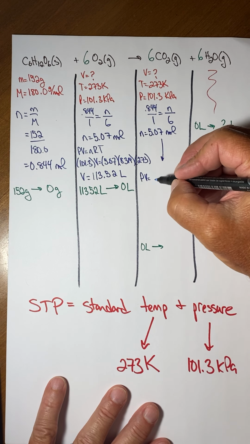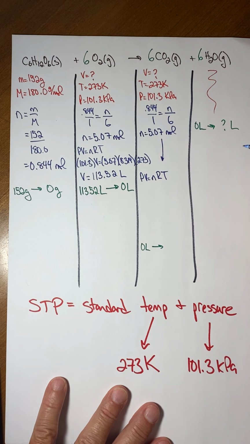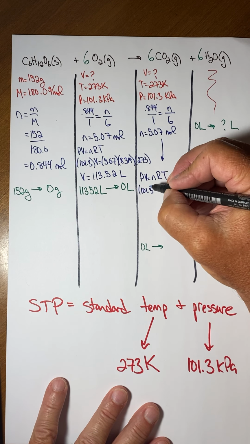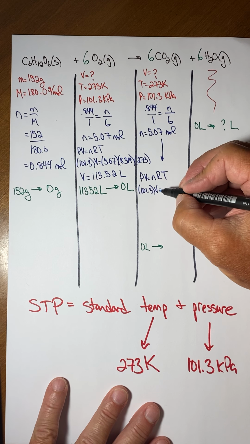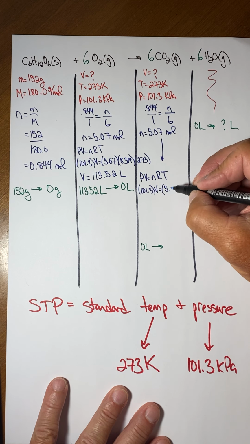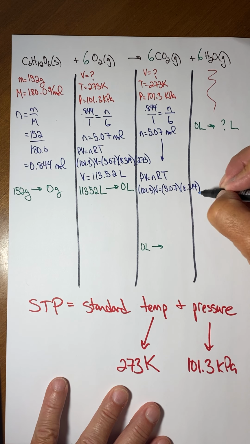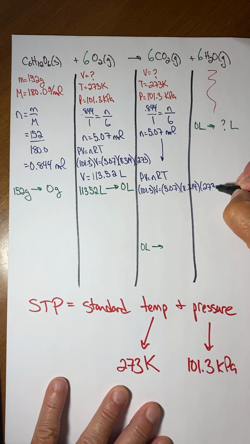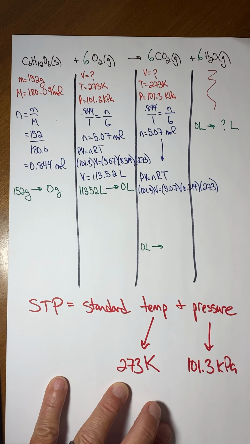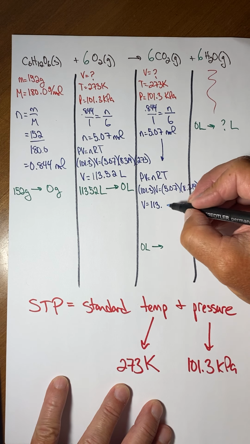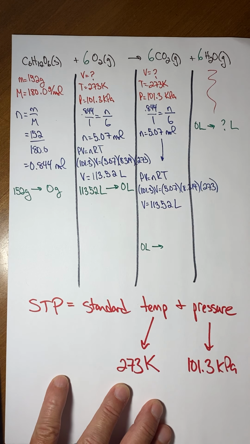Now I have to use the ideal gas law again, to find the volume. Pressure is 101.3. Volume is what I want to find, n is 5.07, R is 8.314, and 273 is my temperature. And when I do this, you may have already been noticing this, I'm going to get exactly the same amount, okay? That makes a little bit of sense.